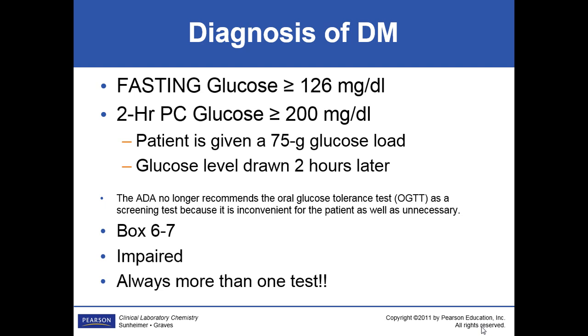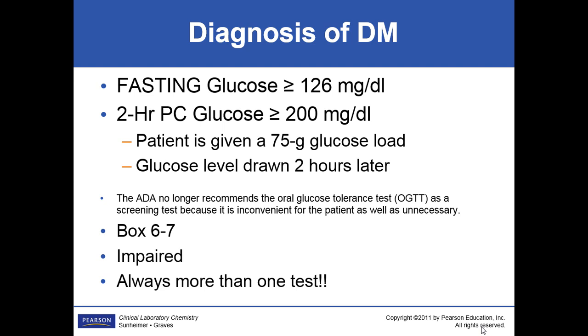We want to give them a standardized drink that has the same amount to make this test standardized. They do have to drink it relatively fast, which does make some people sick. It's just an orange soda, but it's a product that we'll buy. And it's usually 100 grams or 75 grams, even down to 50, but the facility will use the same amount all the time.